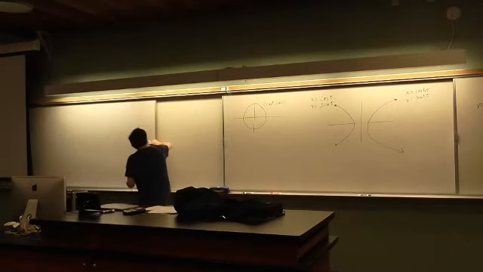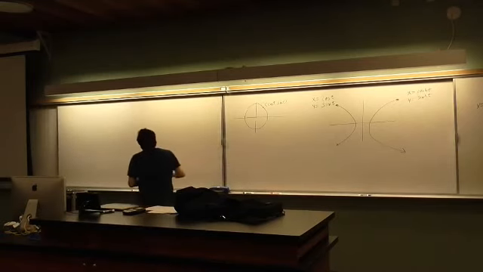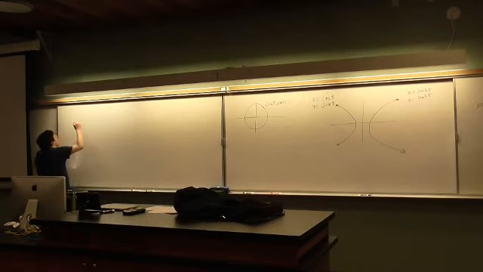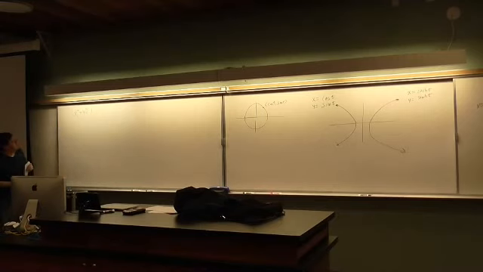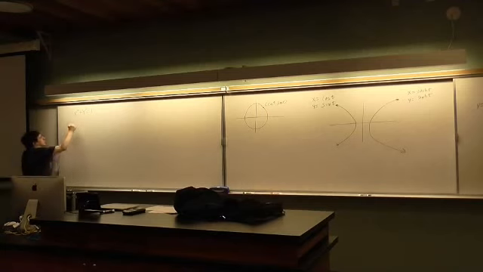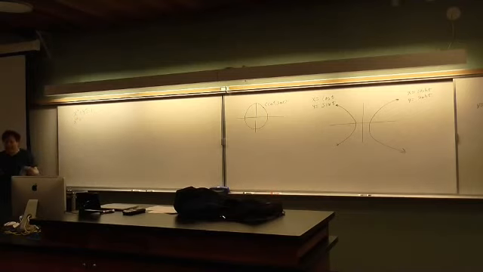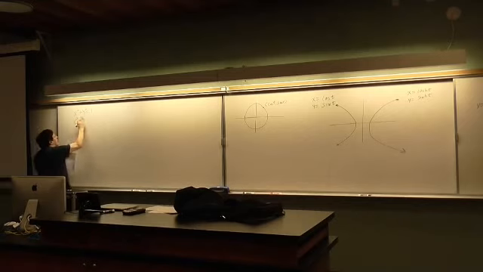Something else I want you to think about. We know that the equation of a circle of radius 1 is x squared plus y squared equals 1. Similarly, for a, I'm going to use the term square, well, I'll get to what I mean by that in a second. x squared minus y squared equals 1.